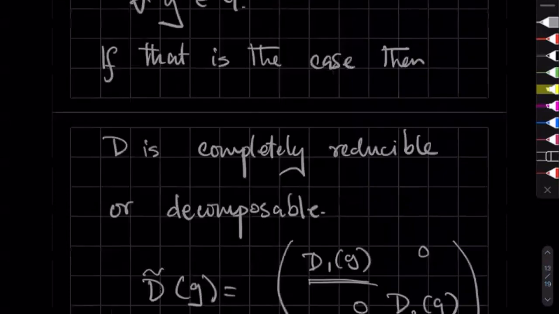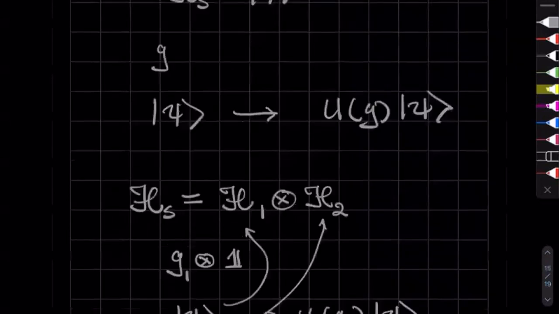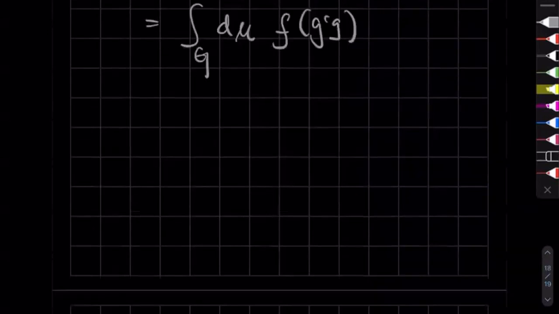so if you have a block diagonal matrix, right? So if I give you a block diagonal matrix, say D is a block diagonal matrix, like this.